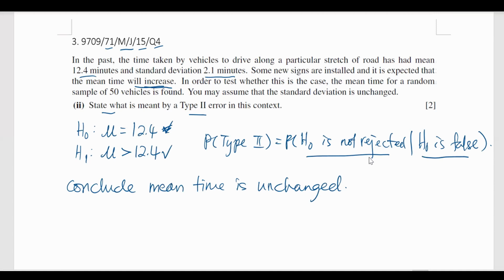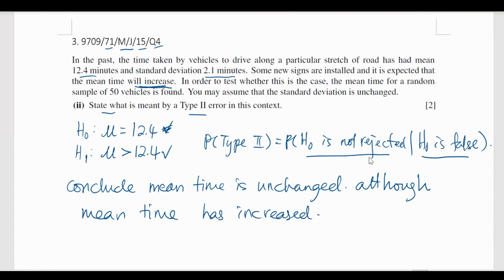It's supposed to be the mean greater than 12.4, so the mean time will increase. So the mean time has increased. That is the meaning that H0 is false. When the mean time has increased, but you conclude that the mean time is unchanged, that is an error, and this error is what we call a type 2 error.